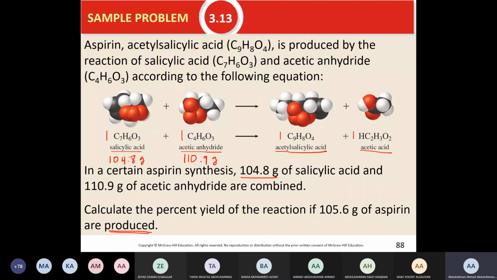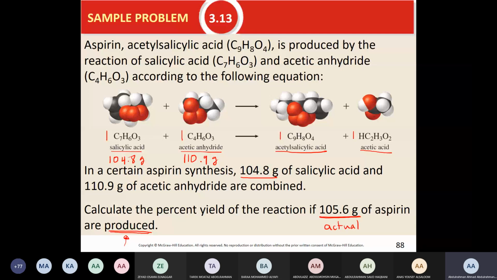So what is given to you here, is this the theoretical yield or the actual yield? Actual. Why are we saying actual? Because it's produced, what you already produced in the lab. So this is the actual yield.